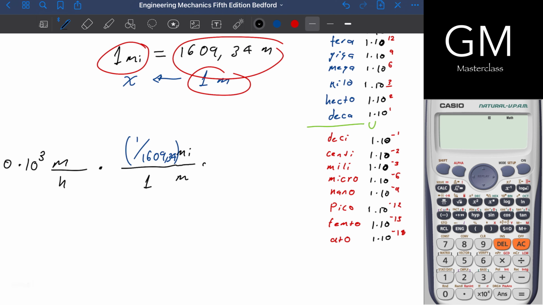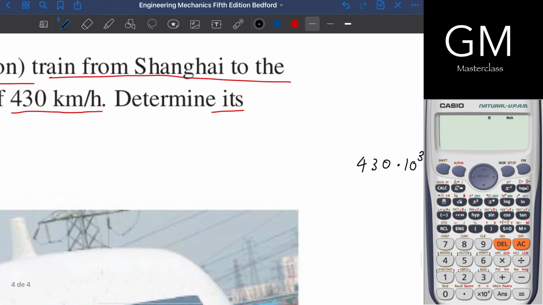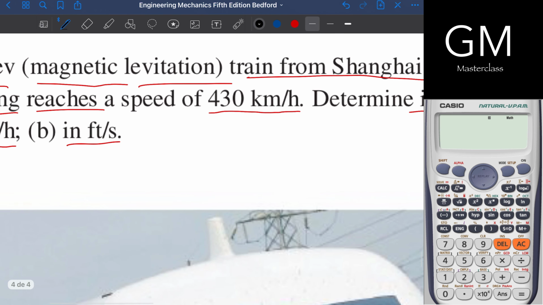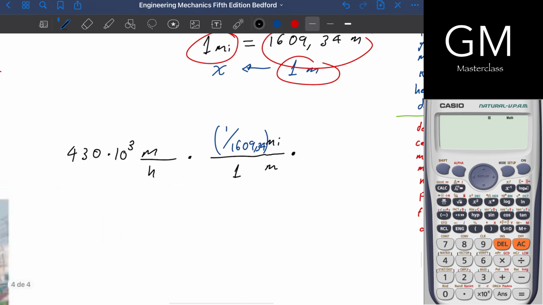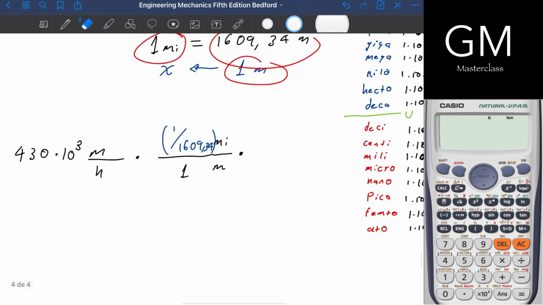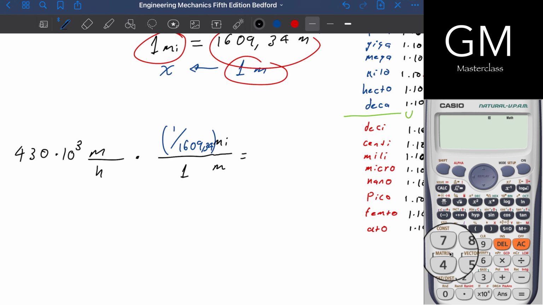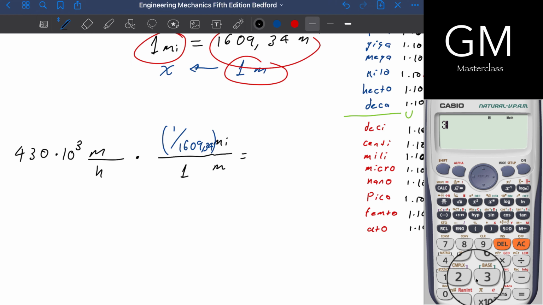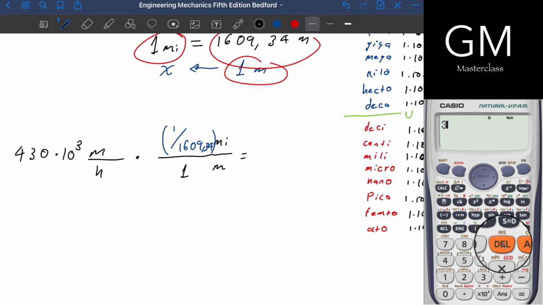I already have the time in hours, so that would be the result for it. Here in the calculator I'm going to write the equation.